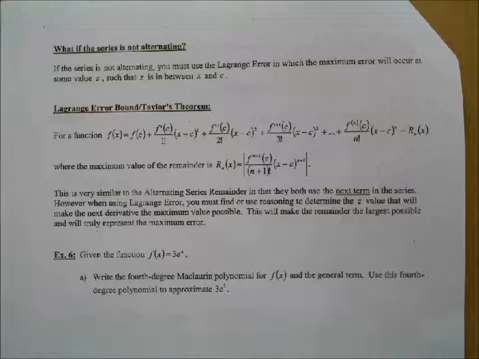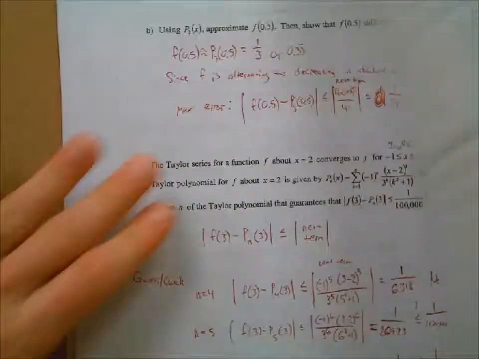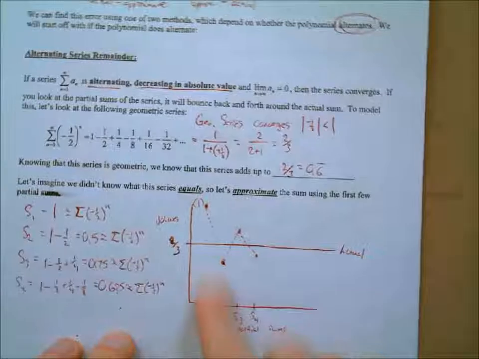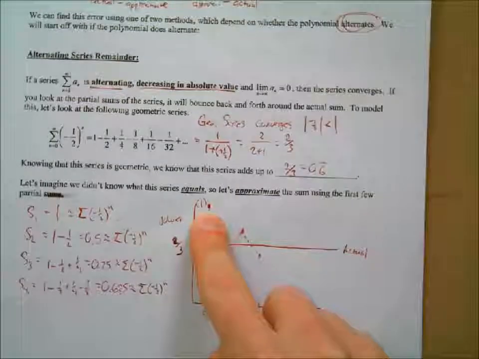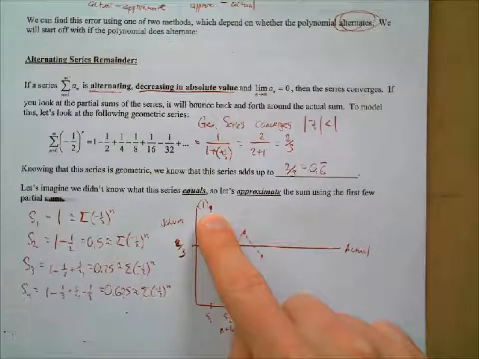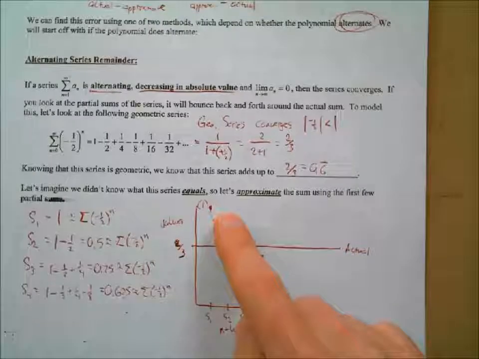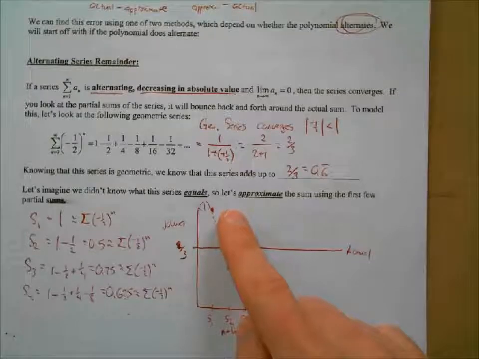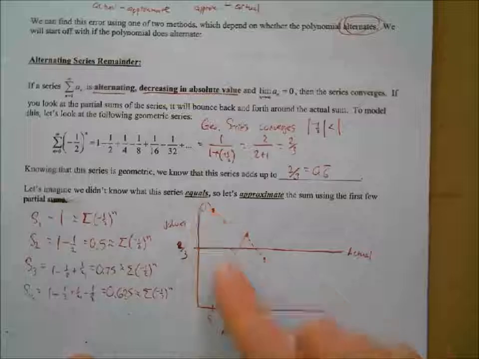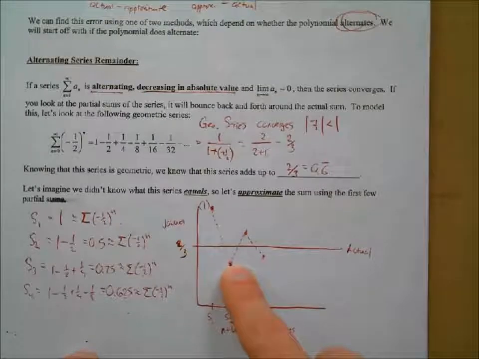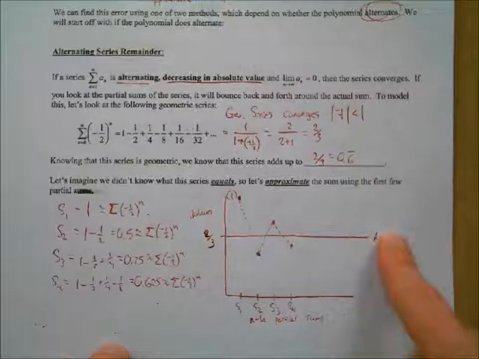So again, yesterday we took advantage of the fact that with an alternating series, we start at a particular value with our first term, then we either add or subtract to that. In this case we started positive, then subtracted, and by subtracting that next term we go through the actual value.